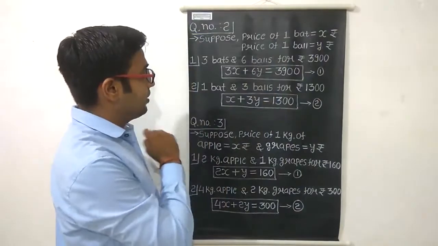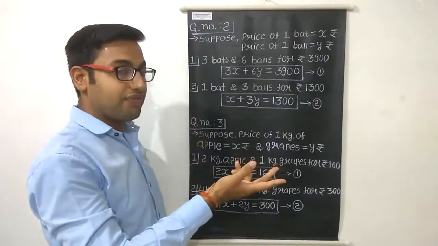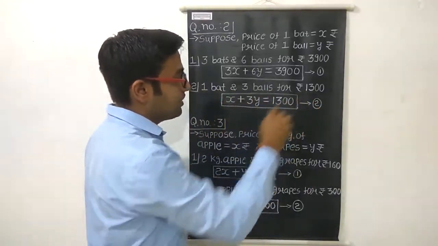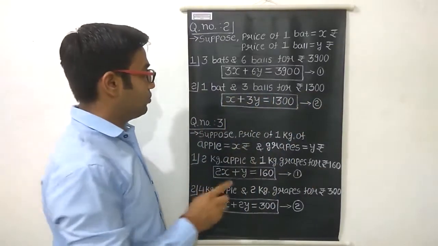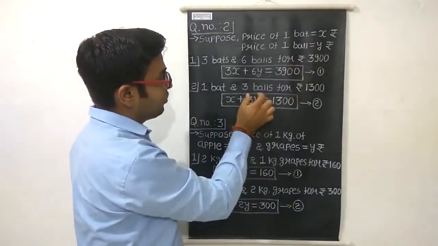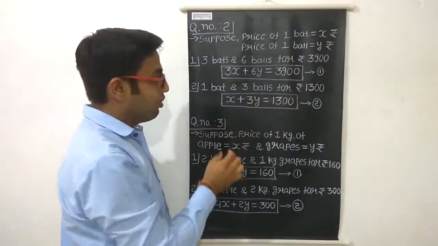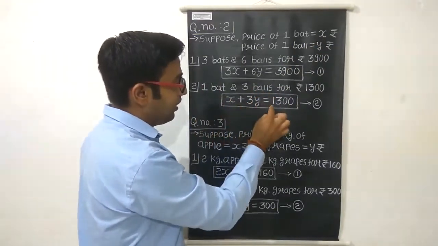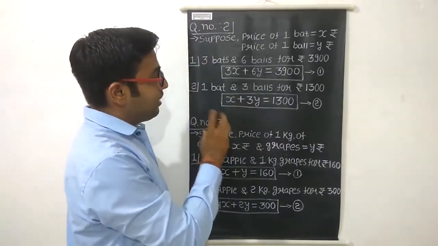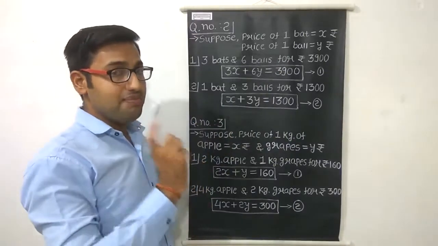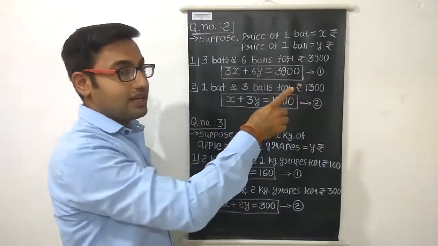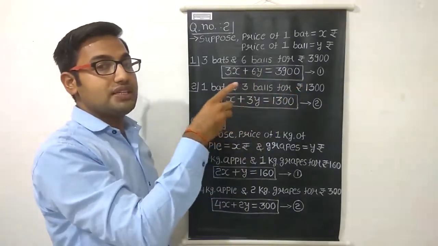Similarly, the second situation: after some days, she purchased one bat and 3 balls for rupees 1,300. So now the price of one bat is x and the price of 3 balls is 3y. Altogether x plus 3y, she pays 1,300. Whenever you make this type of equation, remember one thing: on both sides of the equals sign, left hand side and right hand side, the quantity should be the same.